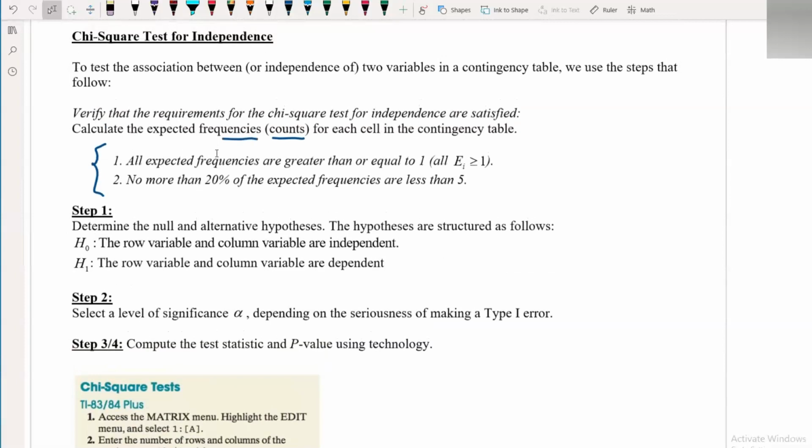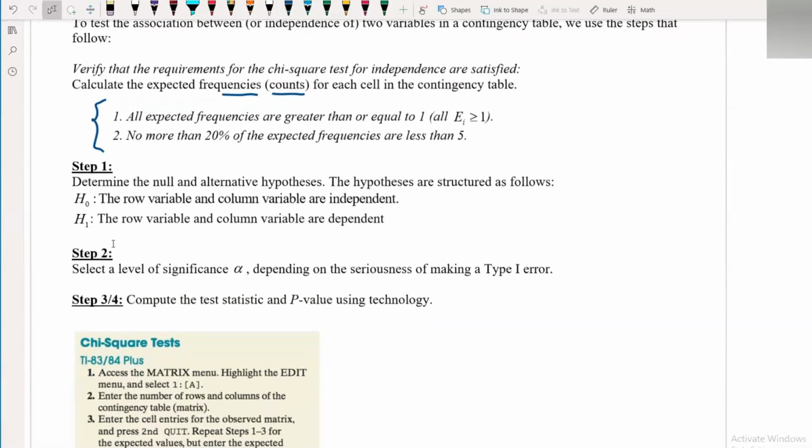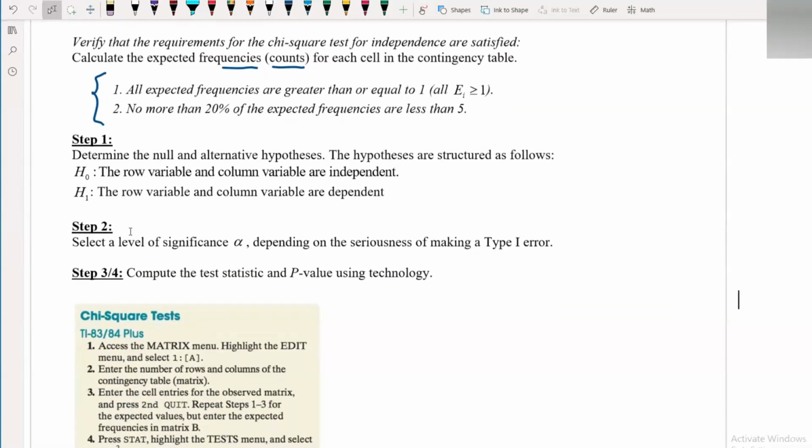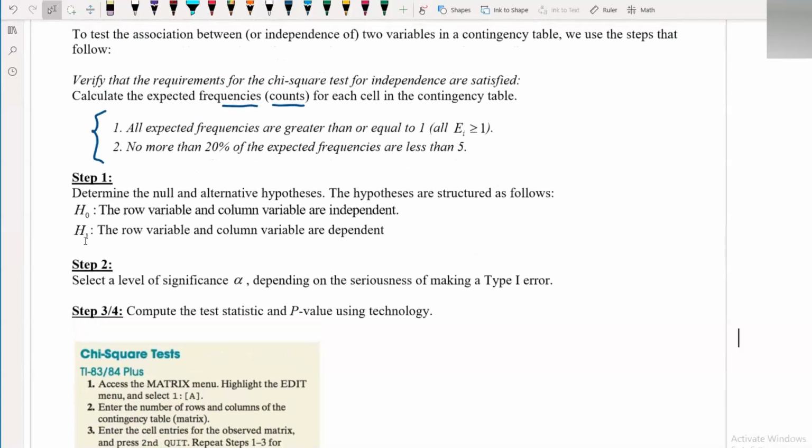After having these 2 requirements, now be ready to start with step 1. For step 1, as always, you should know what the null and alternative are. This part is easy to write. We all know that for null, we always have equal in between the proportions. But here, instead of writing all those, first we can write it this way.